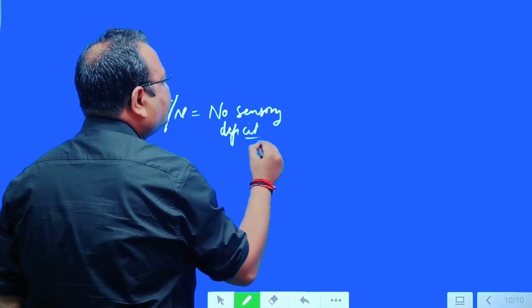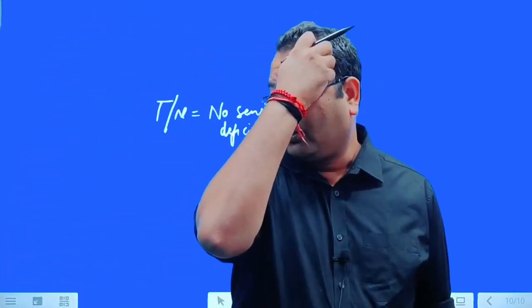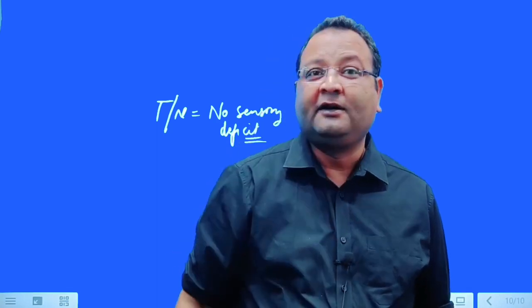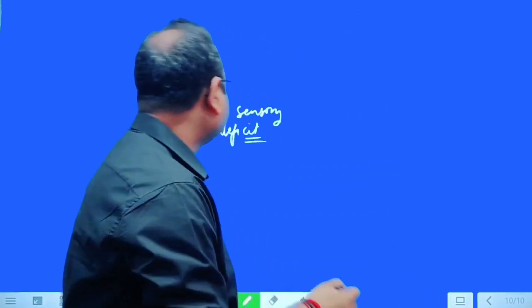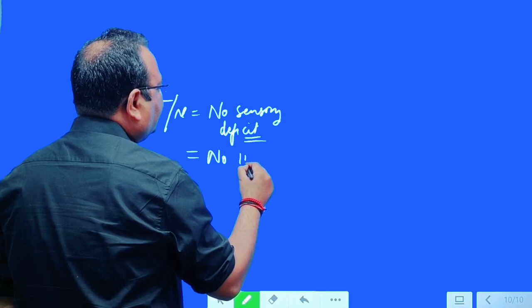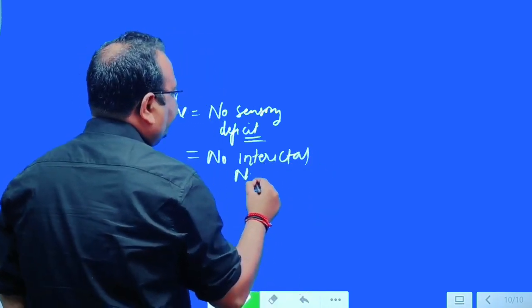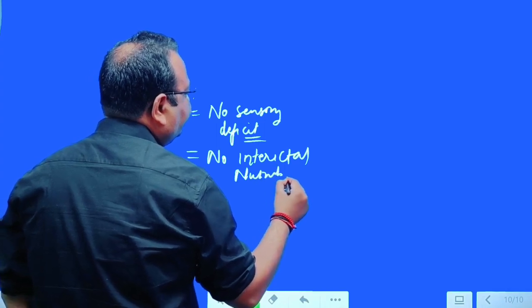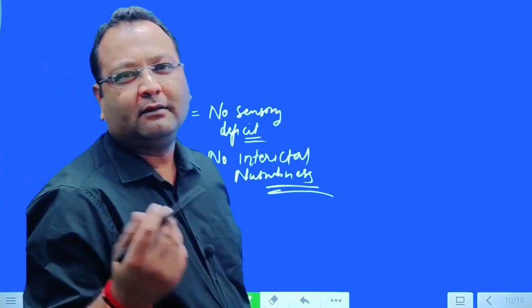That means the neurons which are carrying the sensation do not have any pathology regarding loss of sensations. And also there is no interictal numbness. It means that in between the attacks, the patient does not have any feeling of numbness, no sensory loss.